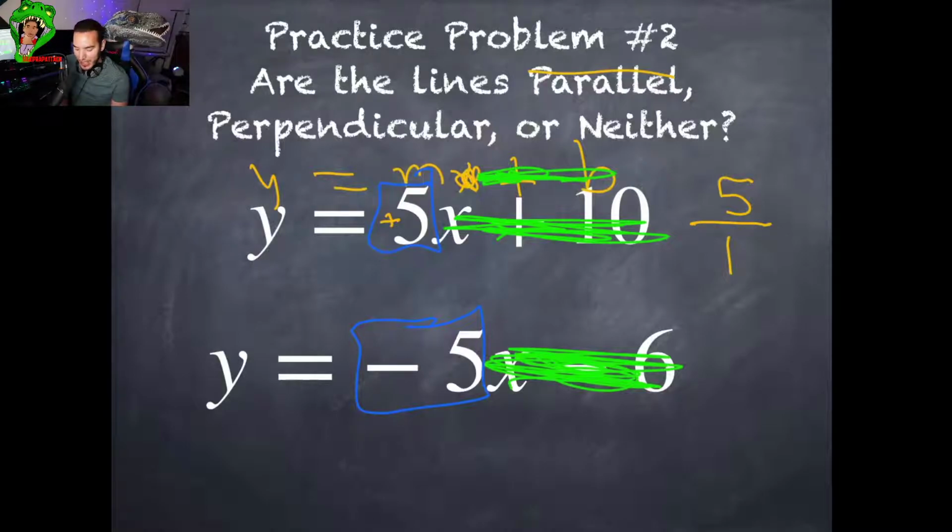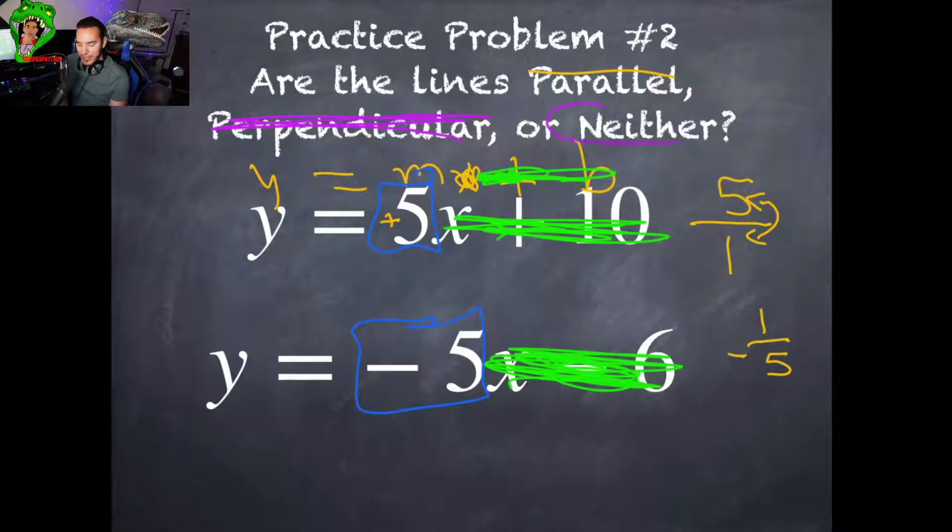If I flip it, the exact opposite would be 1/5 and a negative. Right here, I do have a -5, but is it -1/5? This is what I need for it to be perpendicular. That is not what I have. So it is not perpendicular.